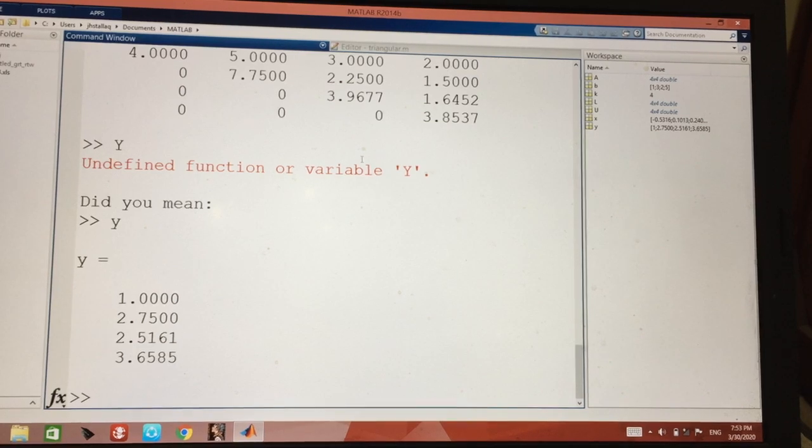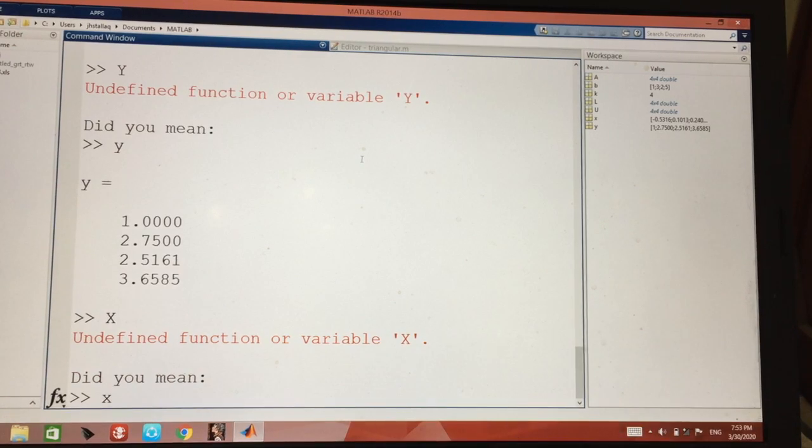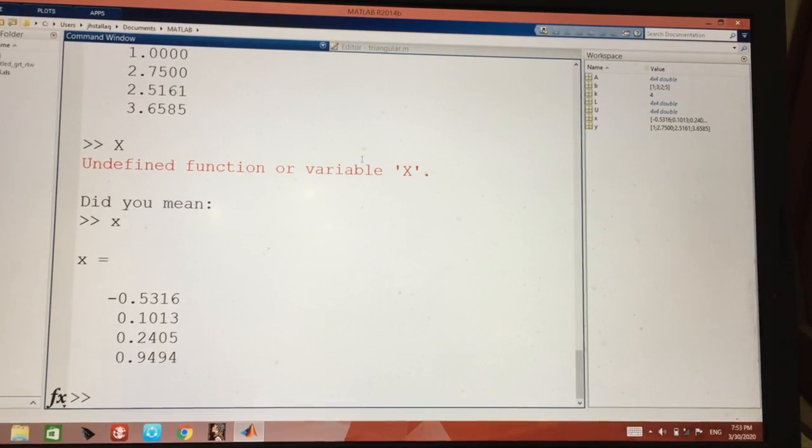X will be, in this case, let me find out from MATLAB, X is equal minus 0.5316, and then 0.1013, and then 0.2405, and finally 0.949. Okay. Now, to make sure that we have the correct answer, this is X here.